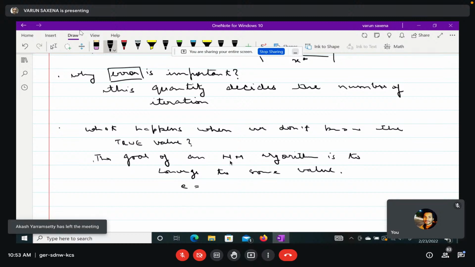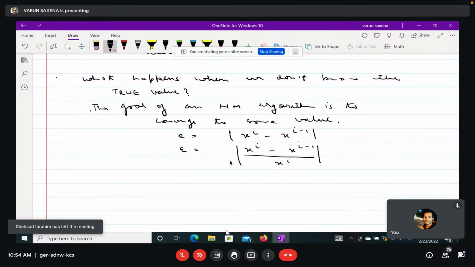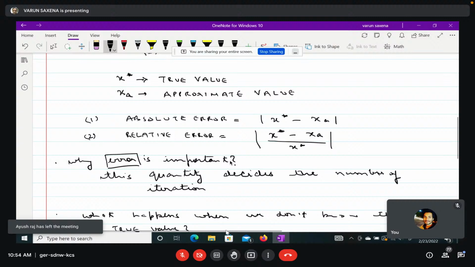Let me call this error, mod of x_i minus x_(i-1), the absolute error, and let me call epsilon the relative error. So this will become x_i minus x_(i-1), divided by x_i. So this is the absolute error and this is the relative error. Let me also introduce short forms here so that you have no confusion.